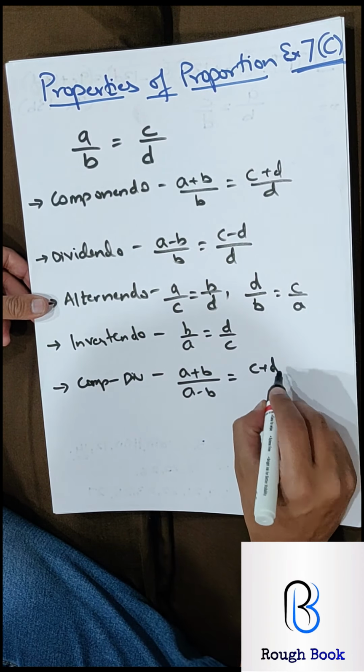Once the numerator is written up and down, you copy the denominator here. Then I will write over here plus a minus 2b plus 3c minus 4d. And in the denominator I will change all these signs. So minus a, 2b, 3c, 4d.